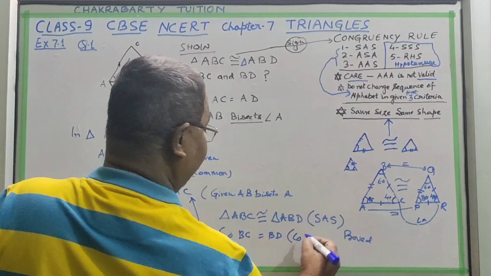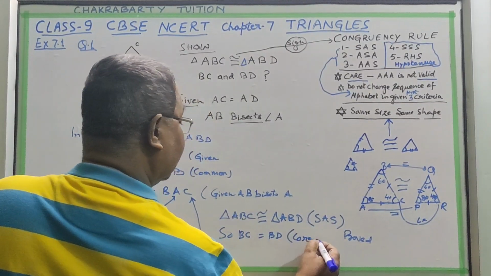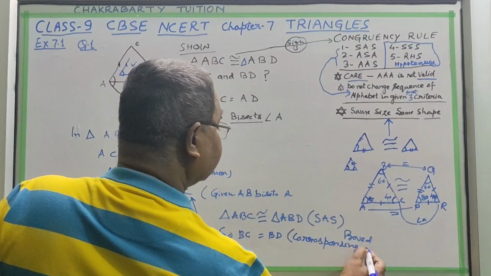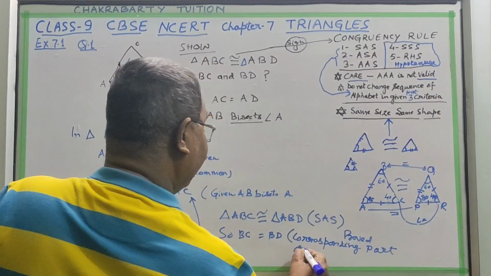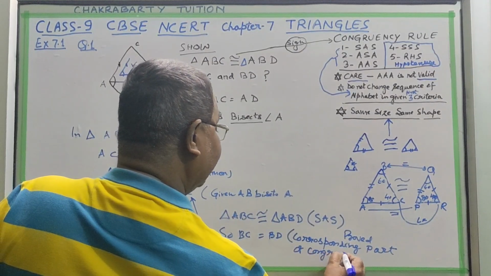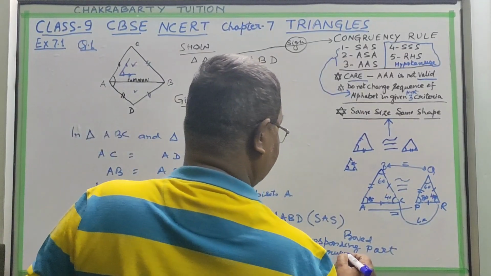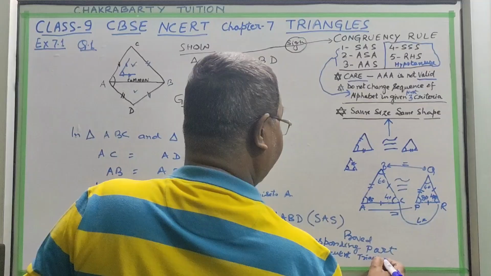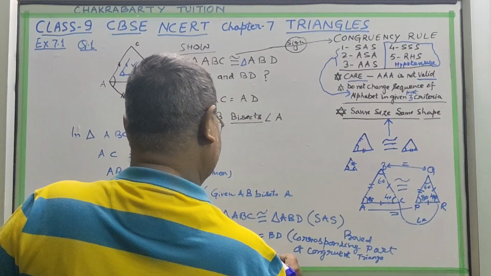Corresponding parts of congruent triangles, we call it CPCT.